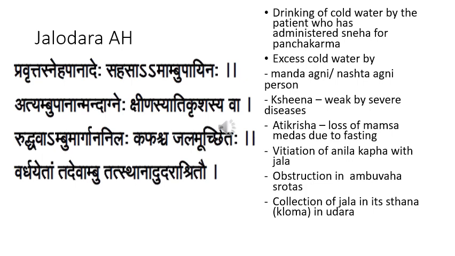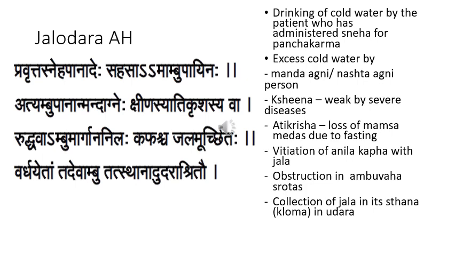So if such persons take excess cold water, what happens is rudhva ambu marga anila kaphascha jala murchita, that is, their Ambuvaha Srotas is vitiated. There is vitiation of Vata and Kapha.